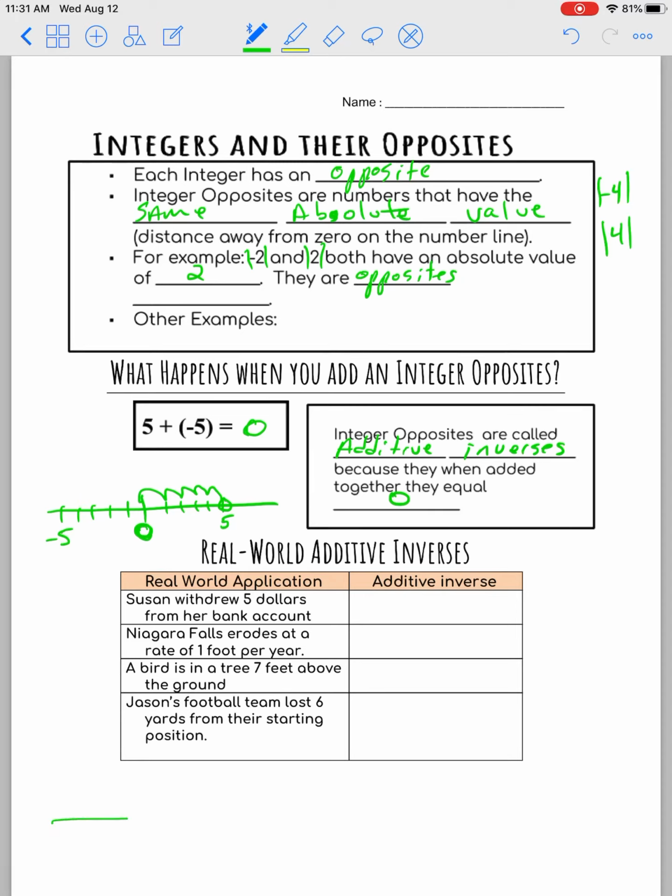I'm going to write it down here. 0, 1, 2, 3, 4, 5. Let's say negative 5 plus 5. Well, if I'm down here at negative 5 and I go up 1, 2, 3, 4, 5, because I'm adding 5, I'm doing 5 hops, where do I end up? I end up at 0, right?